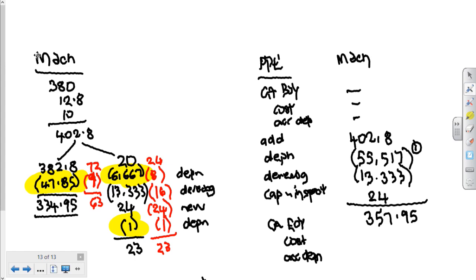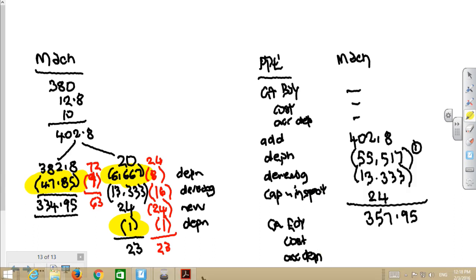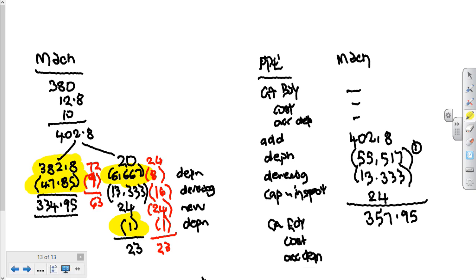Okay, now the cost is going to be, I wonder if I can change the color. I can. Let's make it pink. Where's pink? There. The cost is going to be the original cost of the machine.